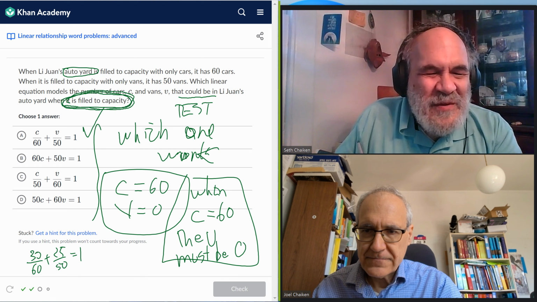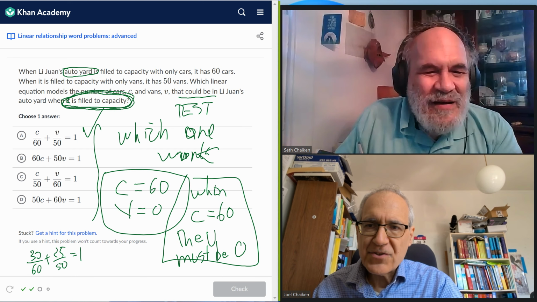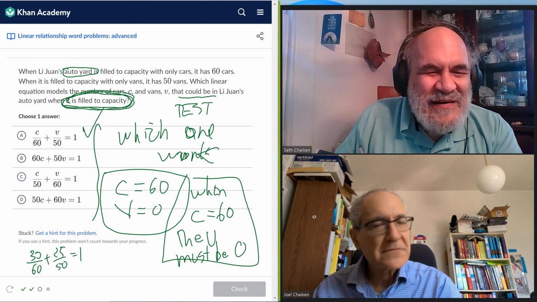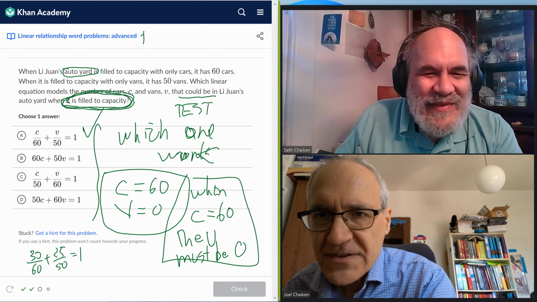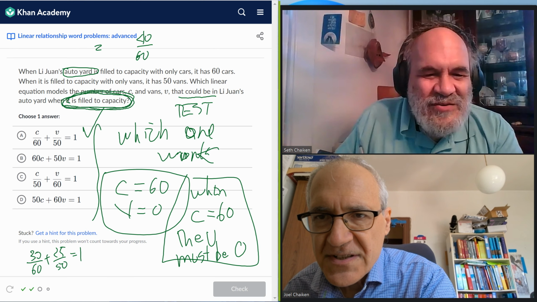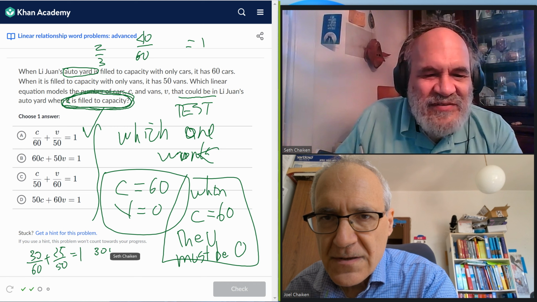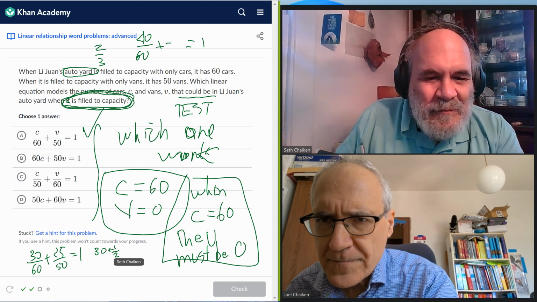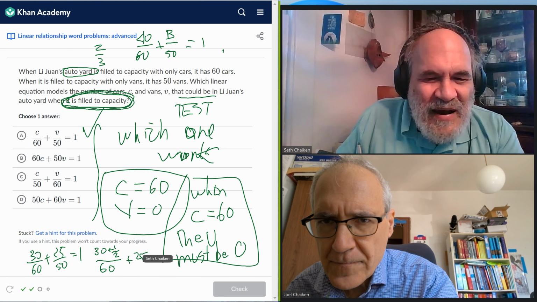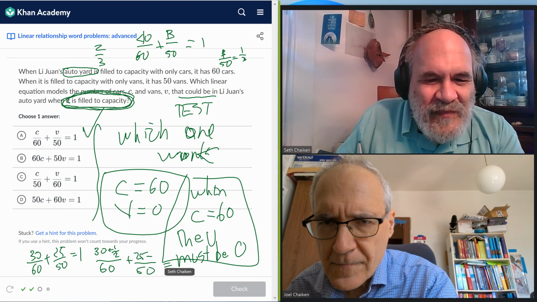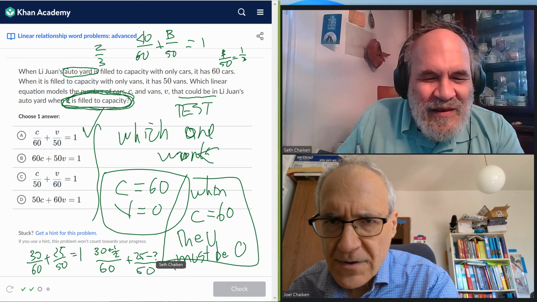What you could do is 40 over 60. Make 30 a little bit bigger, and then make 25 a little bit smaller. Say 30 plus a half over 60, plus 25 minus some little fraction over 50 equals 1. So that would work.